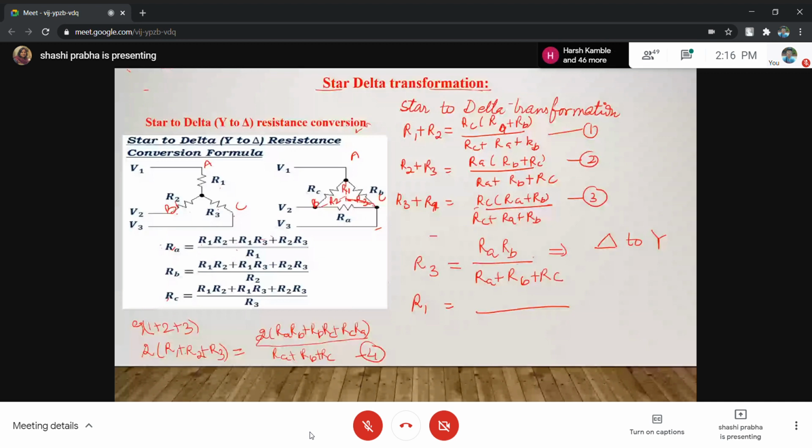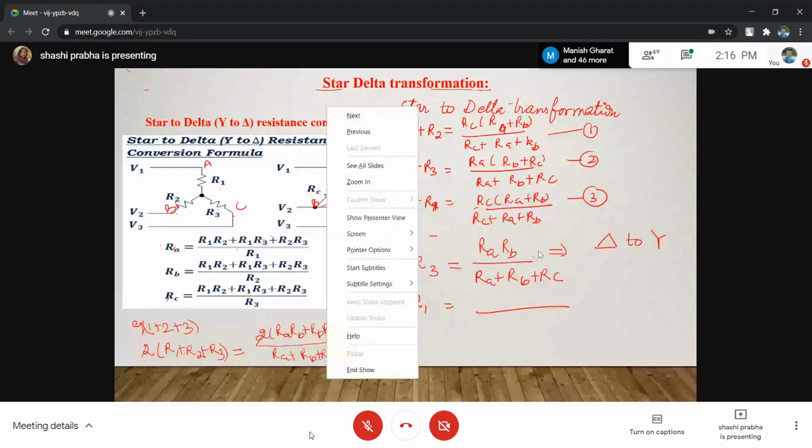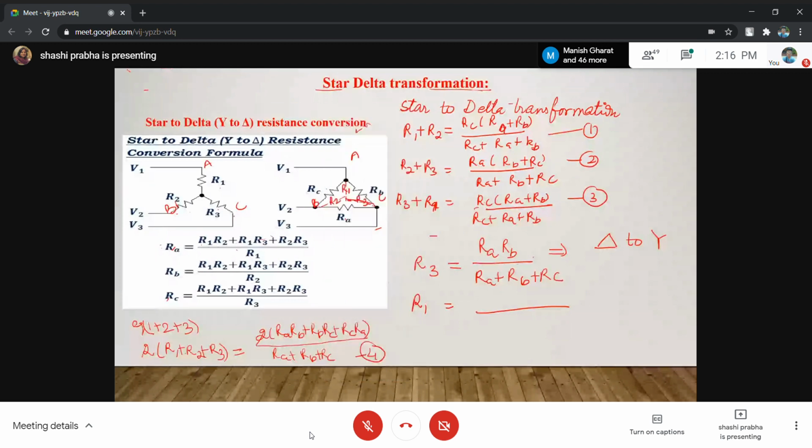R1 plus R2 is equal to RC, RA plus RB. एक मिनट, हमने क्या किया, ये RB है. So 4 minus this is R3.